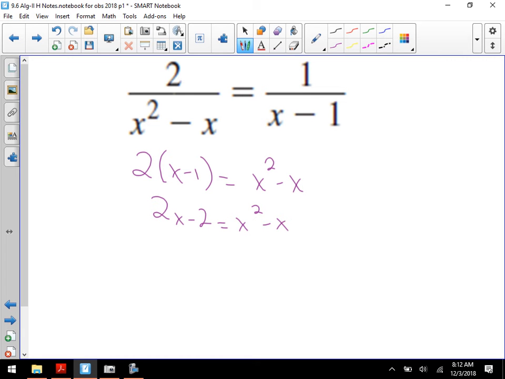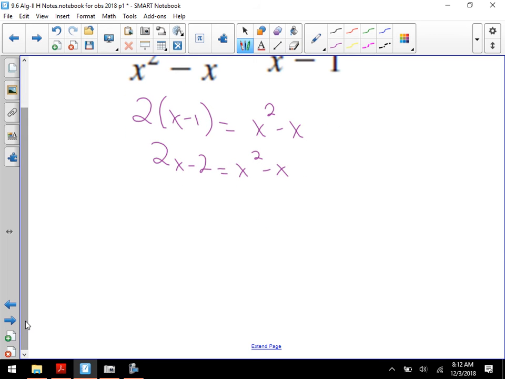X squared is already there, and it's positive. So move everything that way. We'll get 0 is x squared minus 3x plus 2. What times what's 2? Yeah, together we get negative 3. And you go back to your original problem.